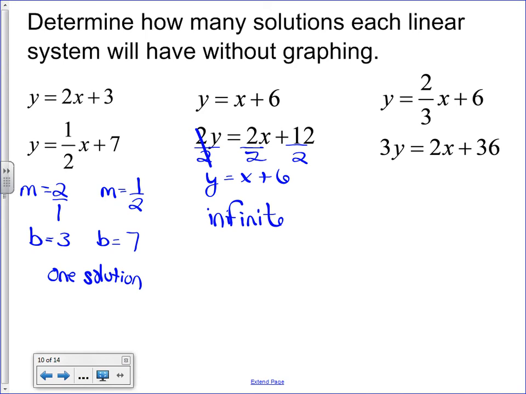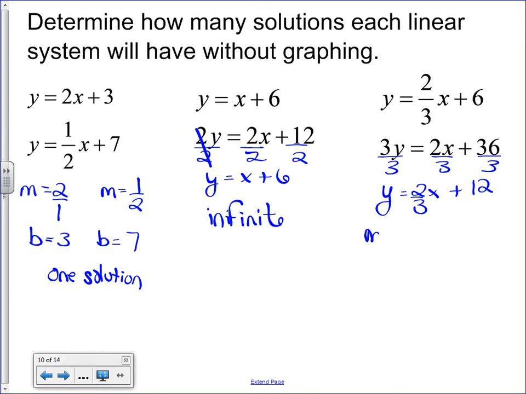Callum, what do I have to do here? So I divide by 3, divide by 3, divide by 3. What do I have to do next? Good. So how do I rewrite it? Good.